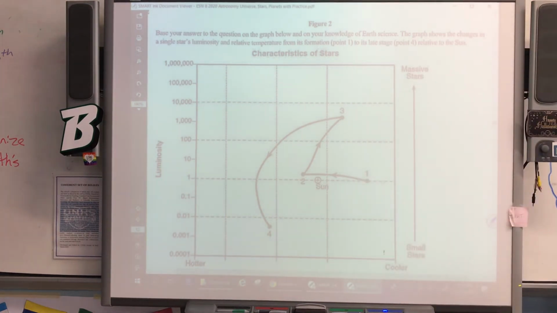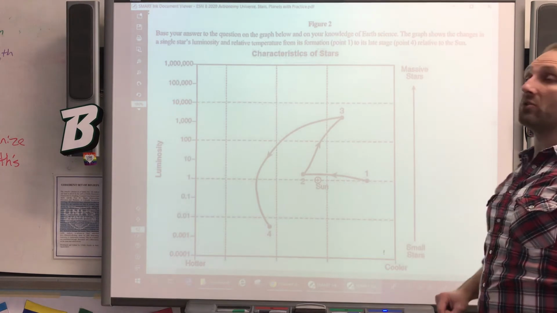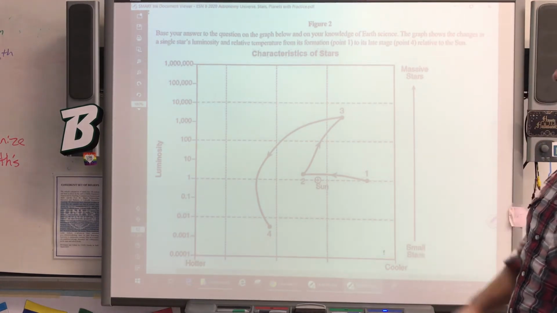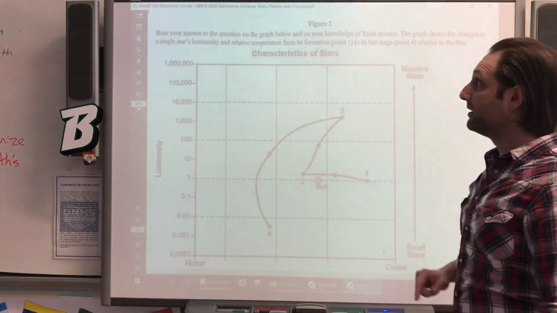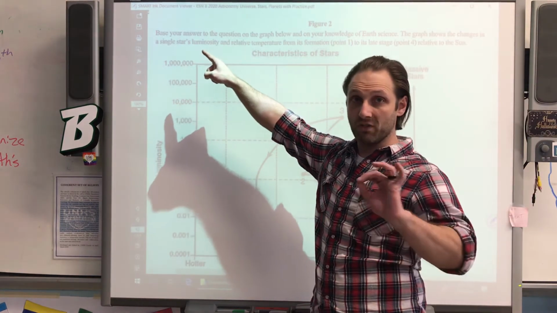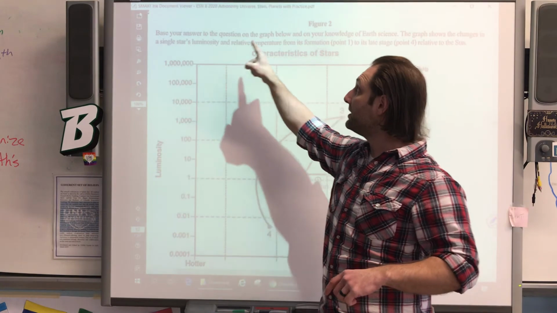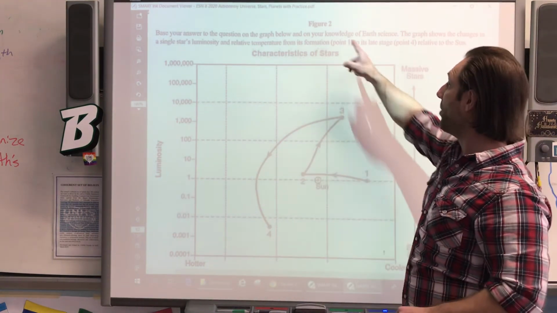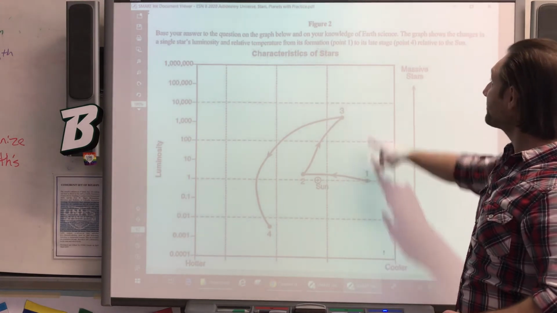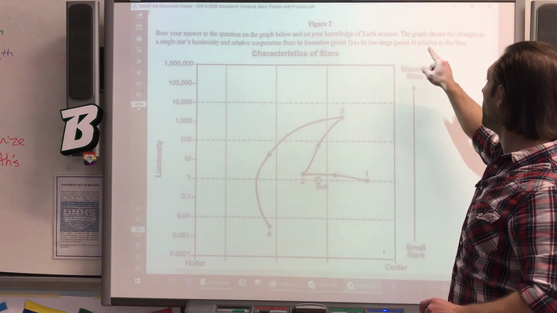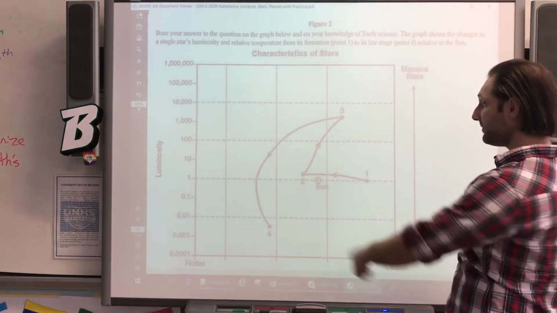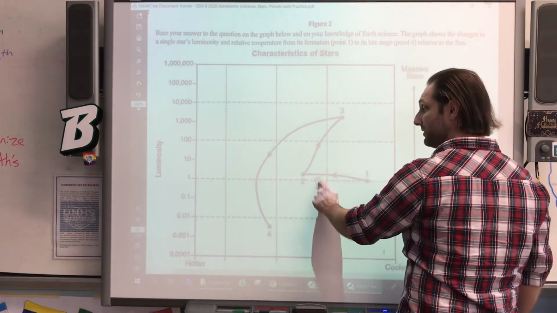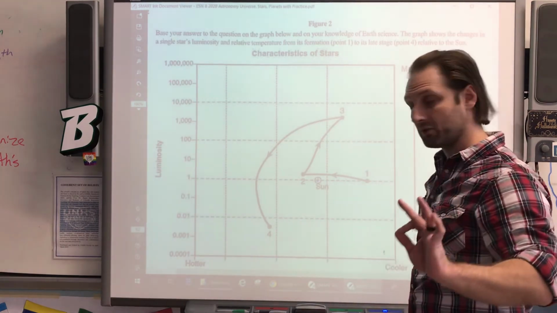The graph shows the changes in a single star's luminosity and relative temperature from its formation, point 1, to its late stage, point 4, relative to the sun. So here's 1, 2, 3, 4 positions relative to our sun. So it's not our sun we're talking about.